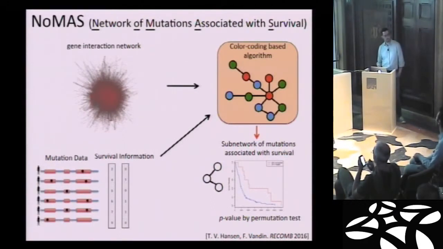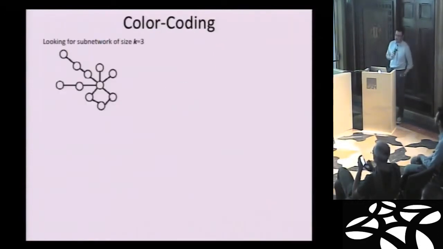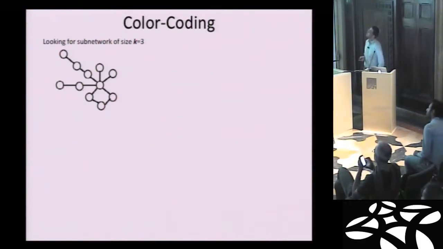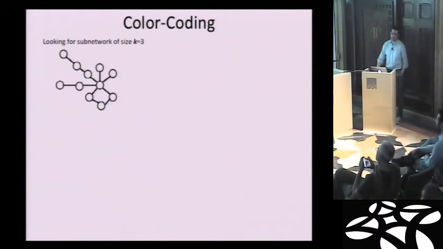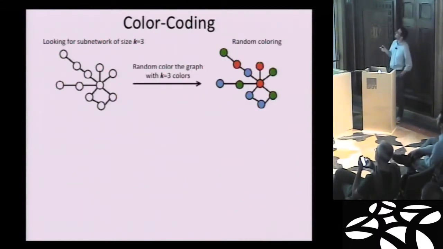Okay, so how many of you have seen graph color-coding algorithms before? Okay, not that many. That's good or bad, depending on the way you look at it. For me, it's good, so that the next slide is not totally ridiculous to you. So how does color coding work? Let's say that we have a graph, and we're looking for a subnetwork of size k equal to 3. What we do is randomly color the graph with the 3 colors, choosing a color uniformly at random for each of the vertices.